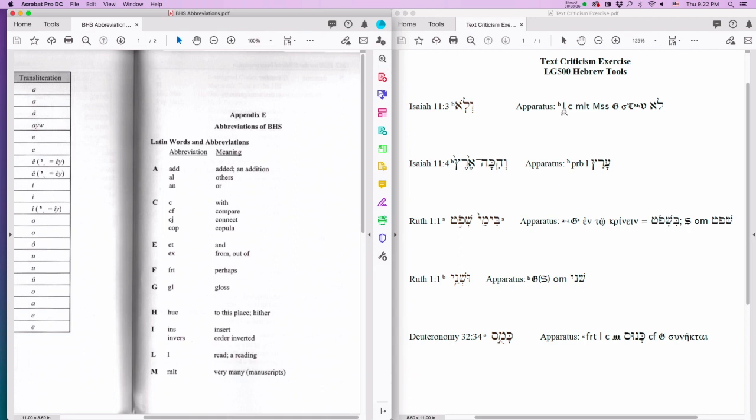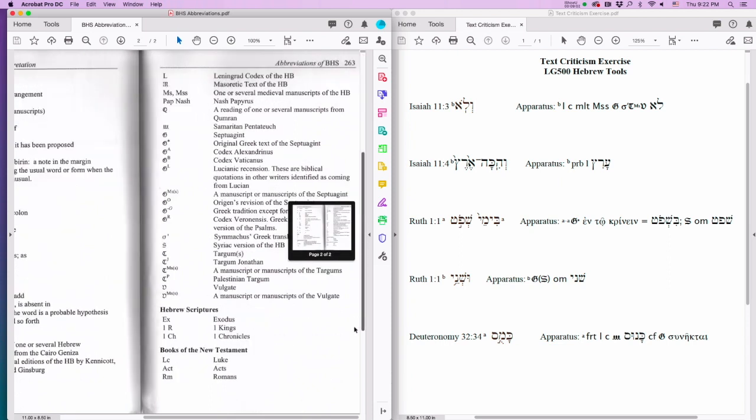We have first an L, and if we look that up in Walker-Jones, we see it means read or a reading. C means with. MLT, very many manuscripts. Going to the second page, this G, Septuagint.